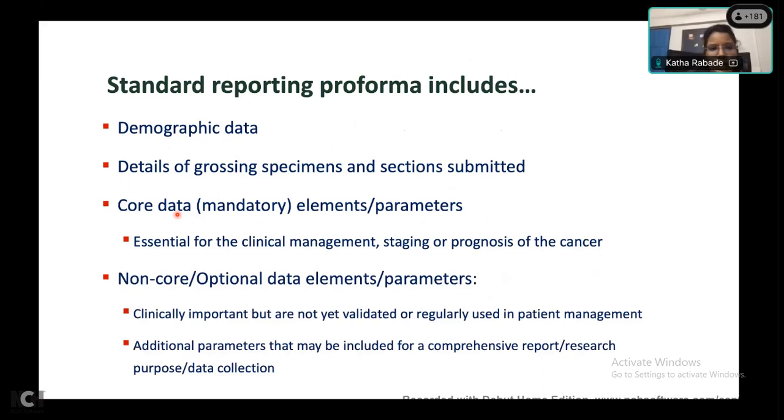Core data are those elements which are essential for clinical management, staging and prognosis of the cancer. And non-core elements are those elements which are clinically important but have not yet been validated or regularly used in patient management. Additional parameters may also be included for a comprehensive report and for research purposes or data collection.